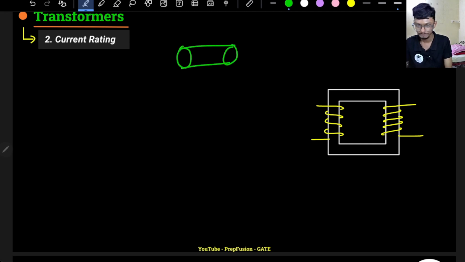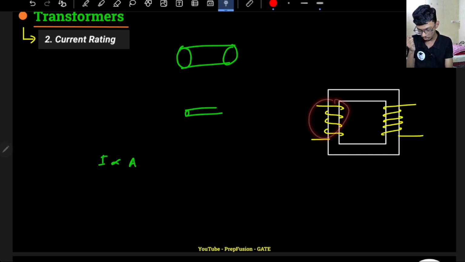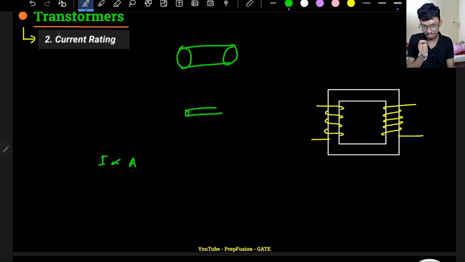If the wire is very thick, then of course more current can flow. If the wire is very thin, then less current can flow. So basically the current is dependent on the area of the material, of the winding. So if the area of the winding gets increased, then current also will get increased.